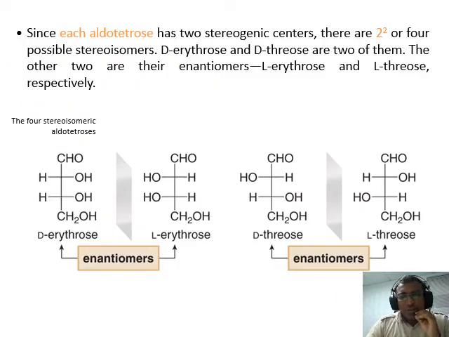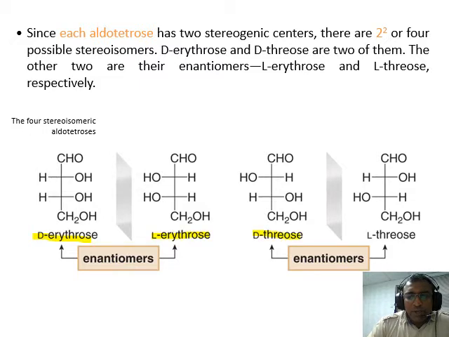So this is the formula utilized, where it's 2 to the power of n. The n represents the number of stereogenic centers. So if there are 2 stereogenic centers for the aldotetrose, then these are all the 4 enantiomers relevant for this aldotetrose.